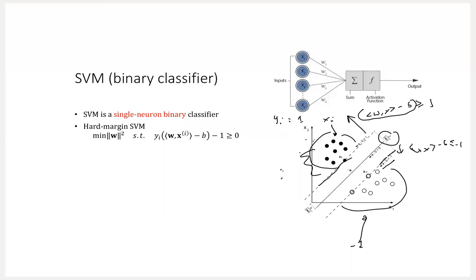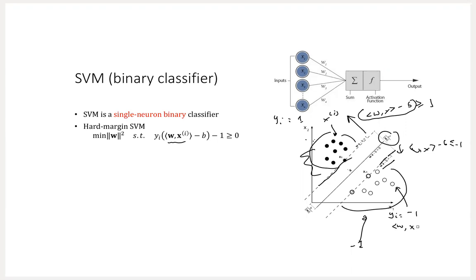Then I should have (w times xi minus b) times yi minus 1 should be bigger than or equal to 0. And on this side it is the same as well, because for example one of these points here has label minus 1, or yi is equal to minus 1.